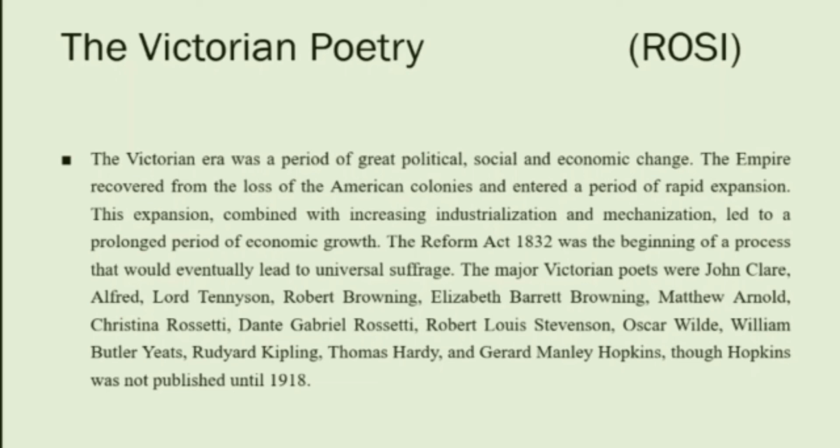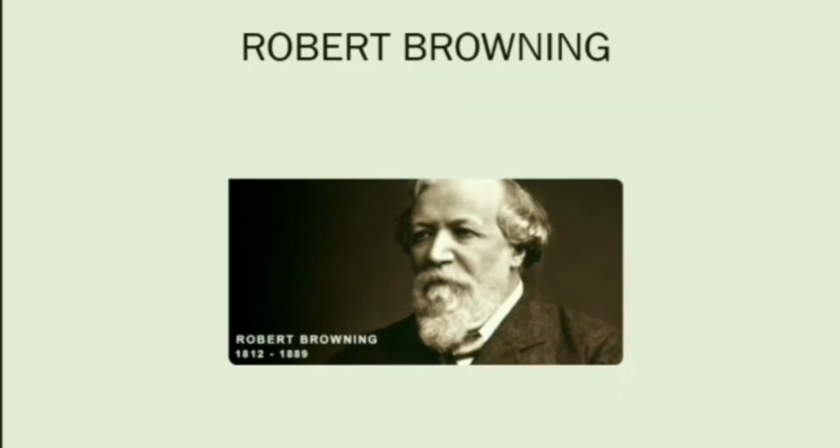Okay, Robert Browning was born on 7 May 1812 in Walworth, in the parish of Camberwell. Robert Browning was an English poet and playwright whose dramatic monologues made him one of the foremost Victorian poets.